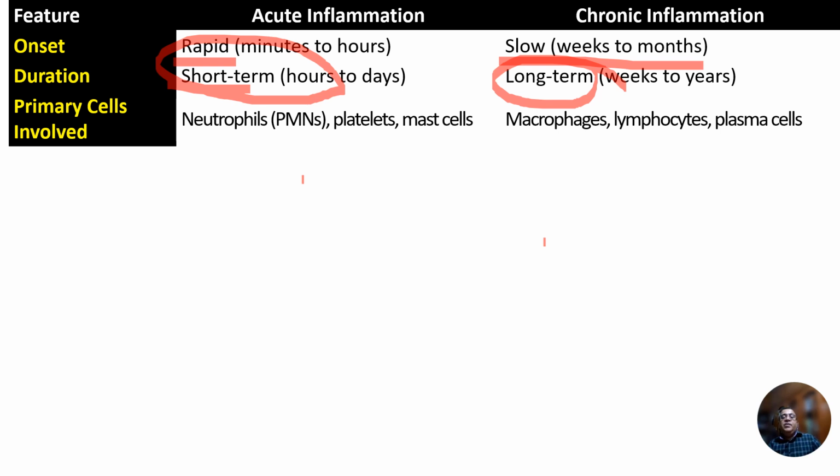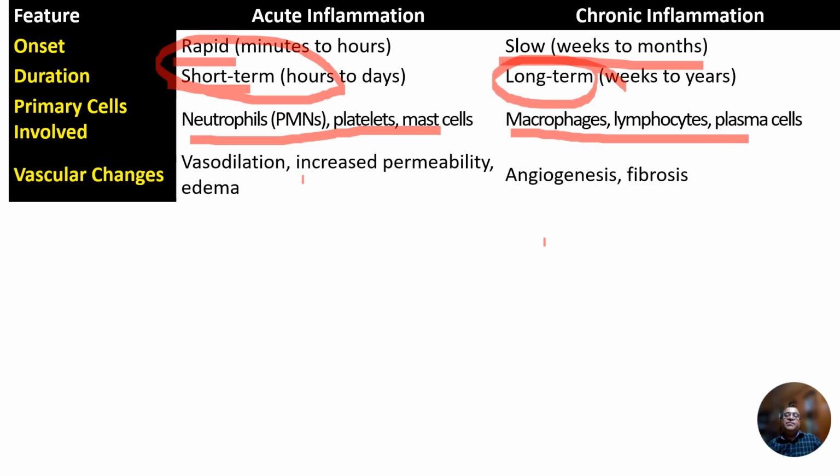Then we have seen the primary cells of the acute inflammation are neutrophil, platelet, and mast cell, while the cells of chronic inflammation are macrophages, lymphocytes, and plasma cells.